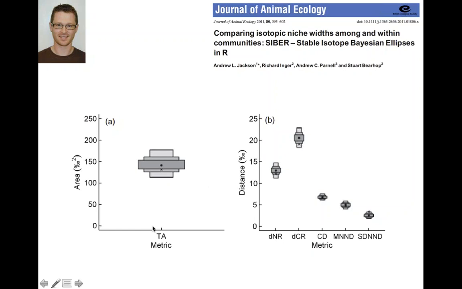But with this SIBER method, you can now put an error component into that and say, okay, we've got a higher level of probability or likelihood that these two different metrics are actually different, or that these two different food webs actually have a different size.